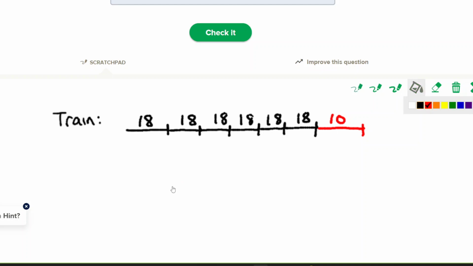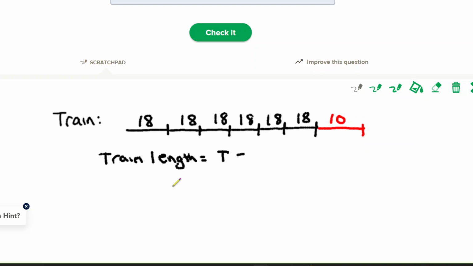So for the train length, I'm going to call this capital T. They also have a truck later, so I'll use a different letter for the truck so we don't get confused.